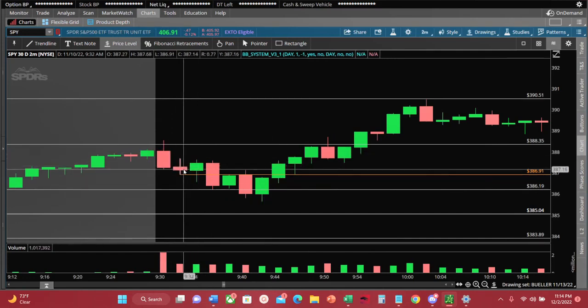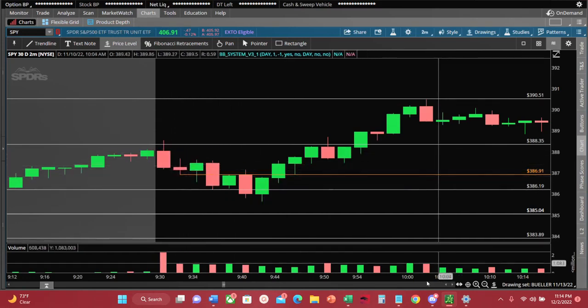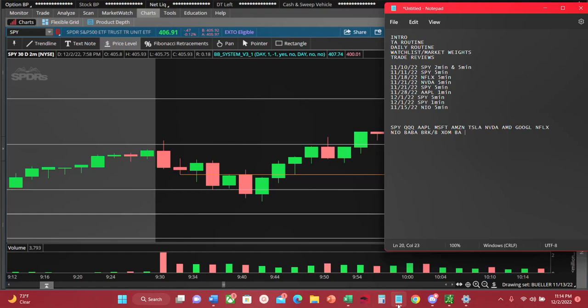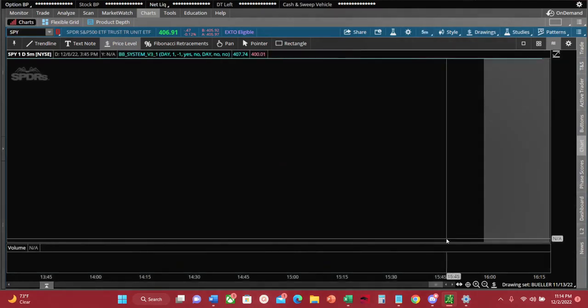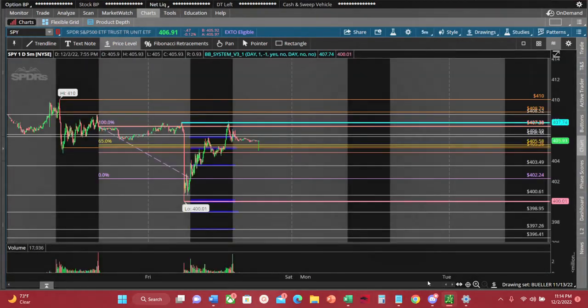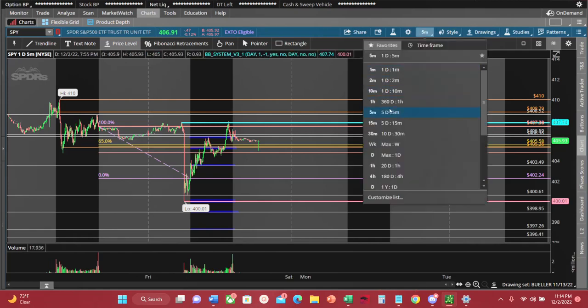So that was the first trade. Second one was the same one on a 5 minute. I think this one was mental. Why is it? Oh, I'm on a 1 day.